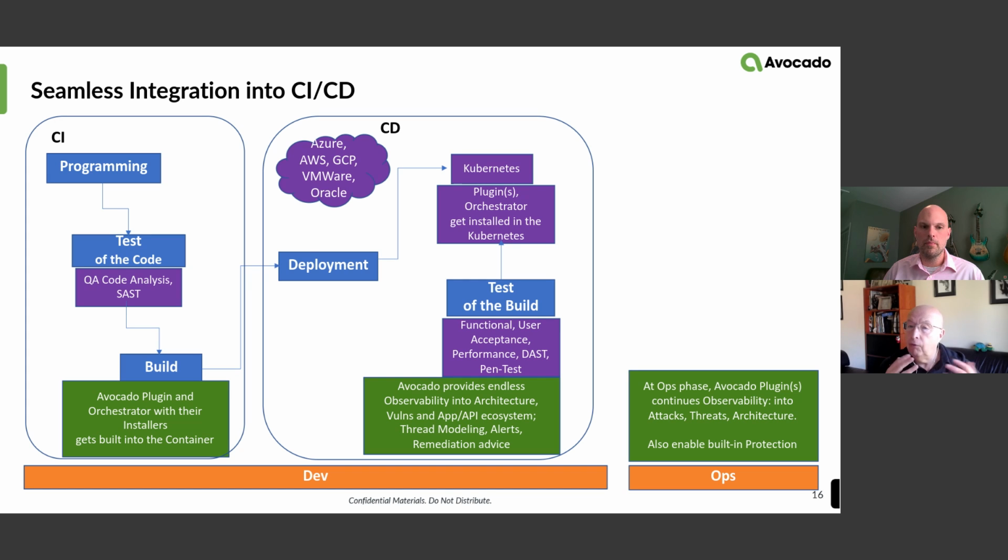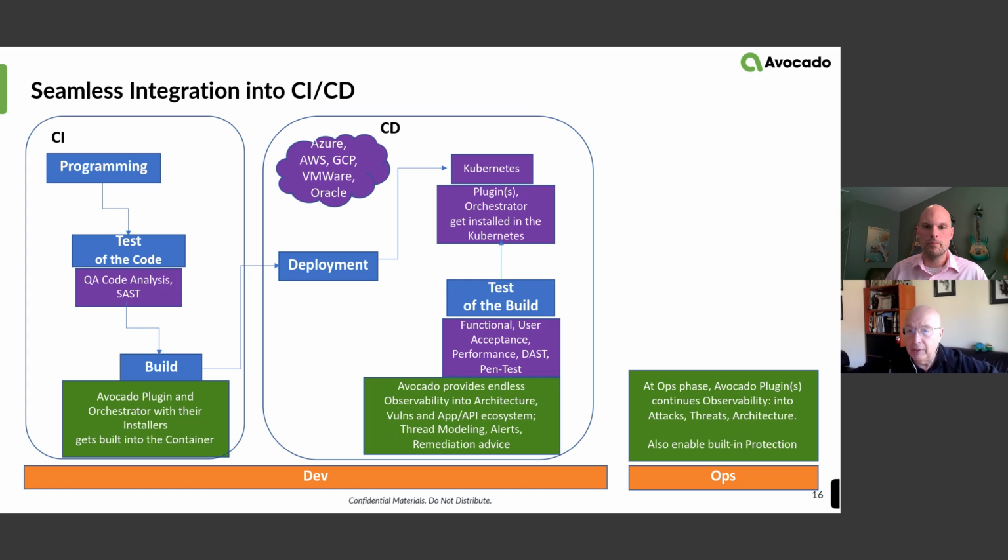You are applying functional testing. You're doing user acceptance testing and performance testing, and you do dynamic application security testing and maybe penetration testing run by human experts in security vulnerabilities. And whatever you do, all these efforts, quality assurance or security assurance, they are observed by Avocado. So it gives you that diagram that I've shown you.